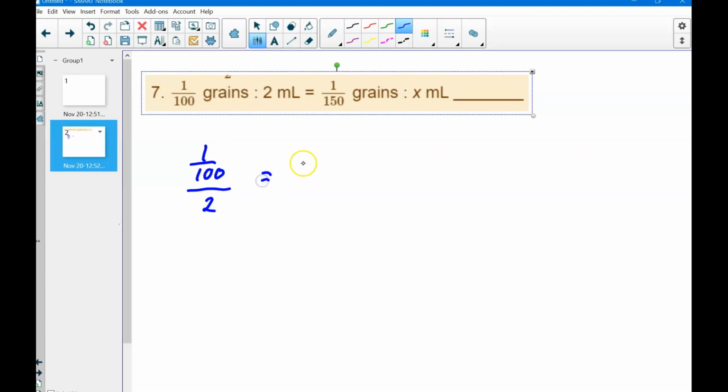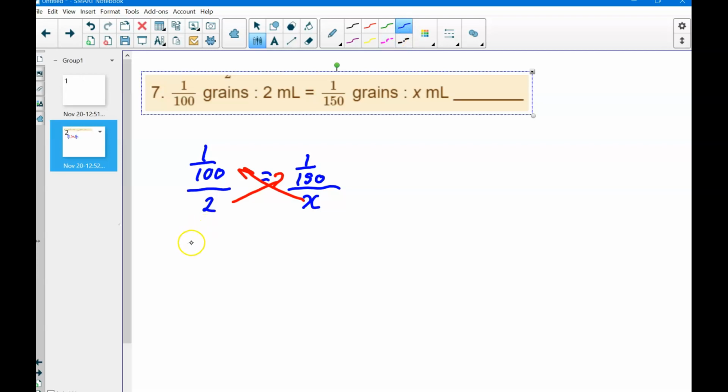That's going to be equal to 1 over 150 over x. That's how it sets up. Then cross multiplying, it's going to be like this, x times that, 2 times that.